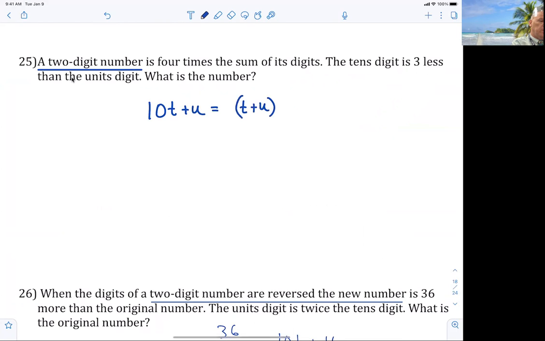And I want it to be what? 4 times that. The tens digit is 3 less than the units digit. How's that read? Good.